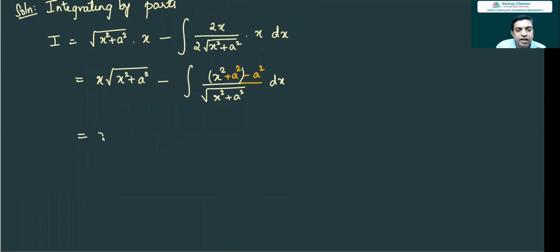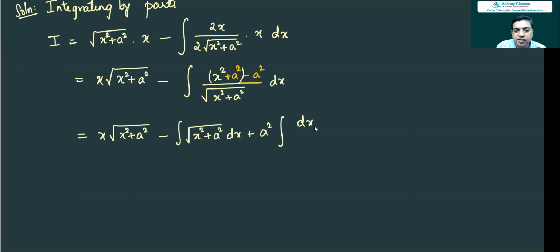So we get x under root of x square plus a square minus integral root of x square plus a square dx plus a square times integral dx upon root of x square plus a square. So this is I. So bring this to this side.